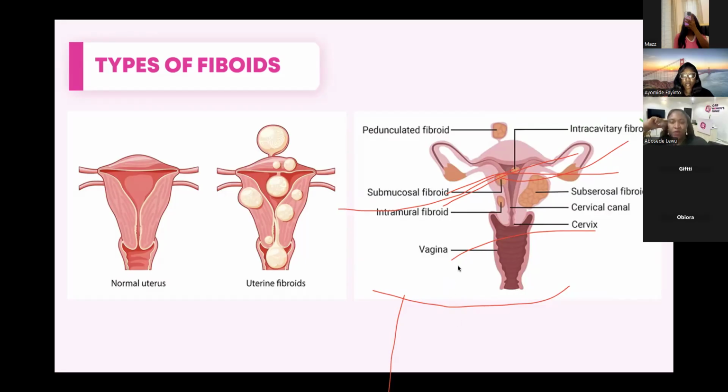That is how you know the difference between both. They're not the same thing. It's just that both organs are in the pelvis, the lower part of a woman's reproductive system, side by side, close to each other. But when a woman has an ovarian cyst, it's happening on the ovary. When a woman has fibroids, it's happening on the womb.